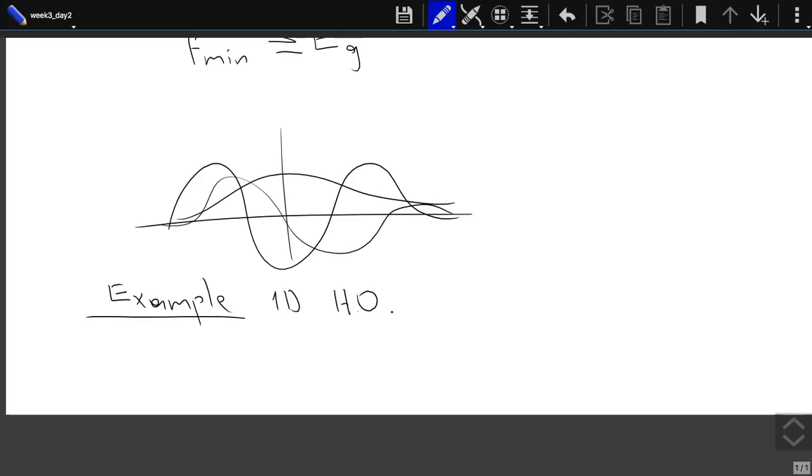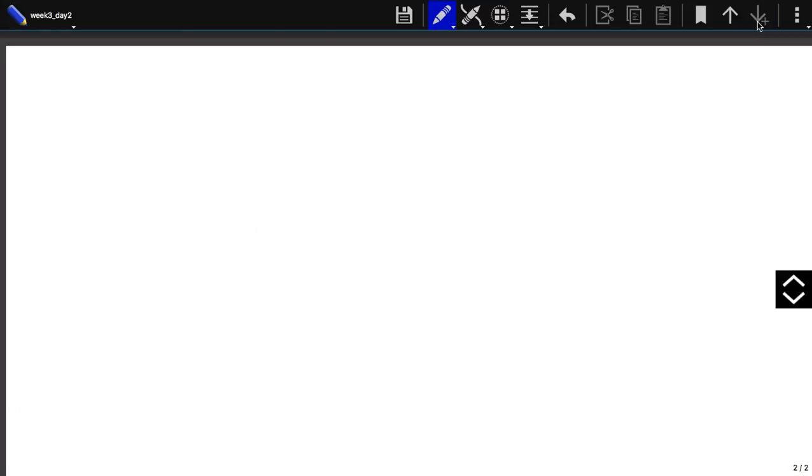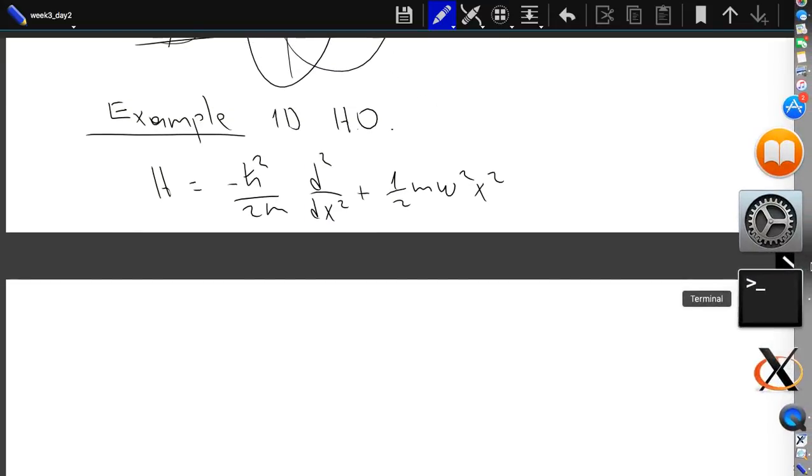One-dimensional harmonic oscillator. Can we find the ground state? So we know the Hamiltonian. This is equal to minus h bar squared over 2m, and since it's one-dimensional, it's just a second derivative, plus 1/2 m omega squared x squared. So what kind of trial wave function would you like to use?